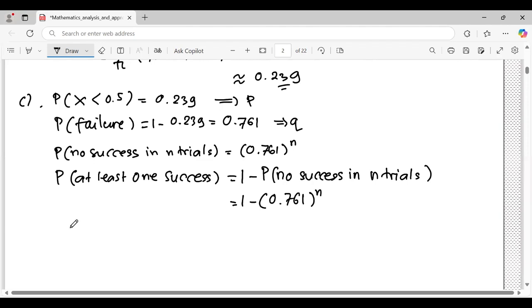And for the probability of at least one success to be at least 99%, we need to find through this inequality first: 1 minus 0.761 power n greater than or equal to 0.99. So minus 0.761 power n greater than or equal to 0.99 minus 1, and it is minus 0.01.